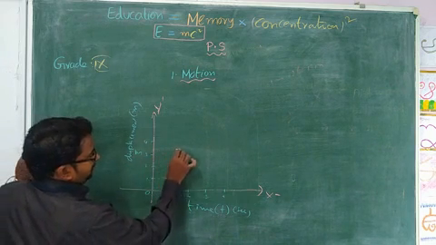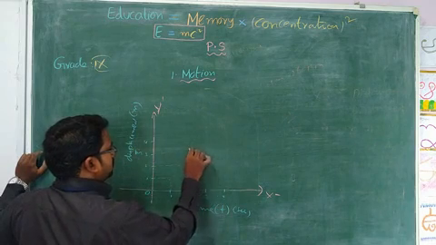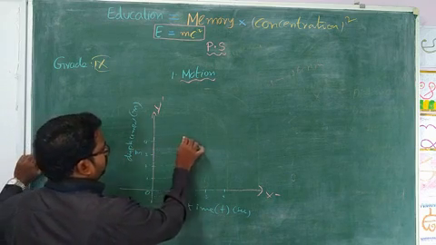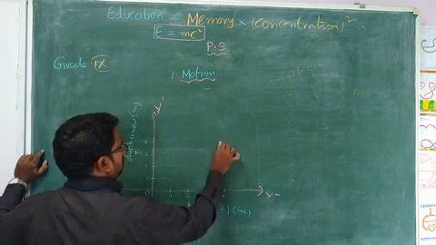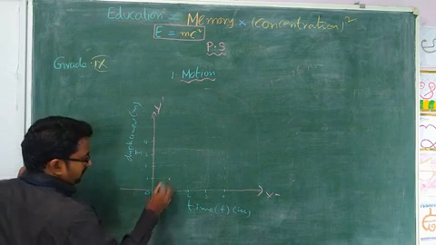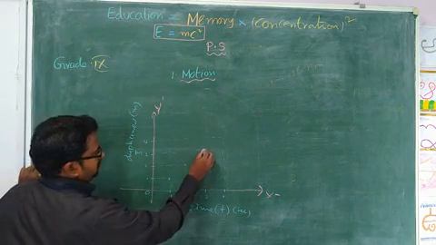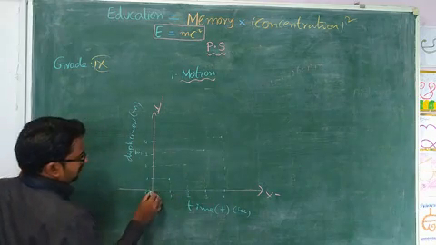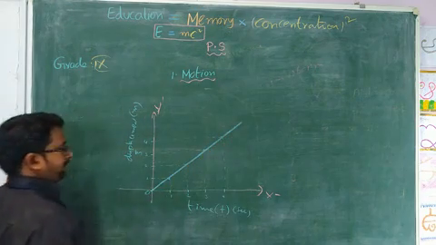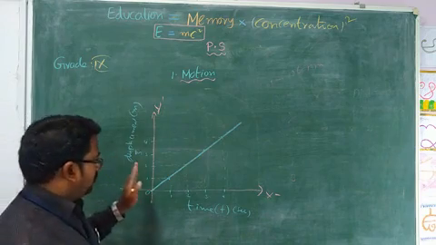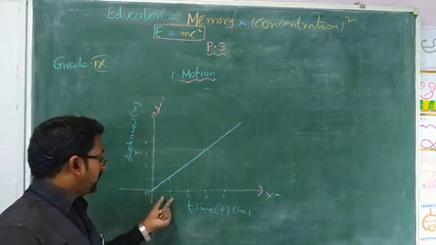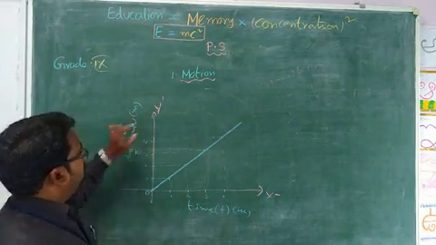In the third second, 3 meters. For the fourth second, 4. When you join all these, you will get a straight line. A straight line means for equal intervals of time, equal displacements are covered.